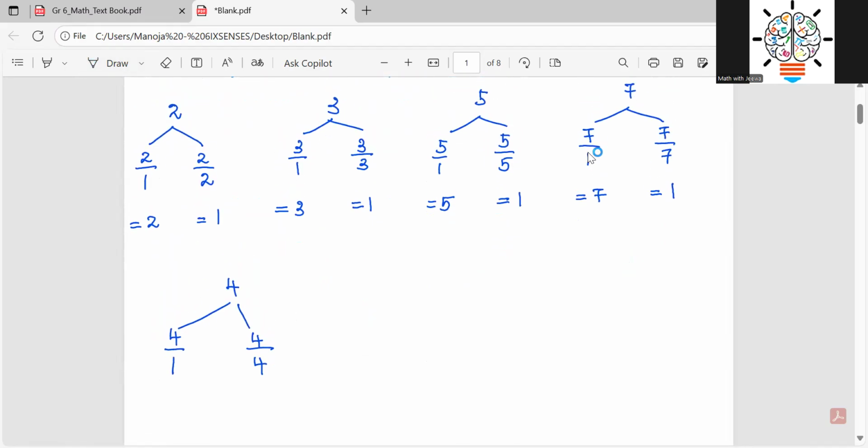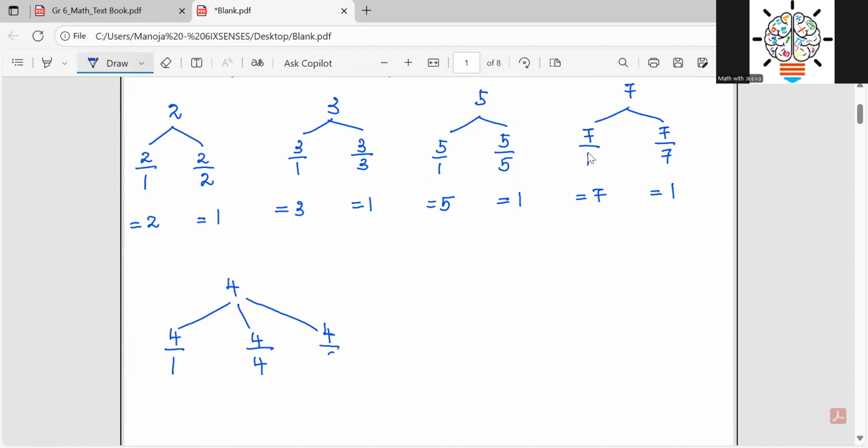But in the earlier examples, those were the only two options you had. Here, when you take 4, you have another number to divide by.